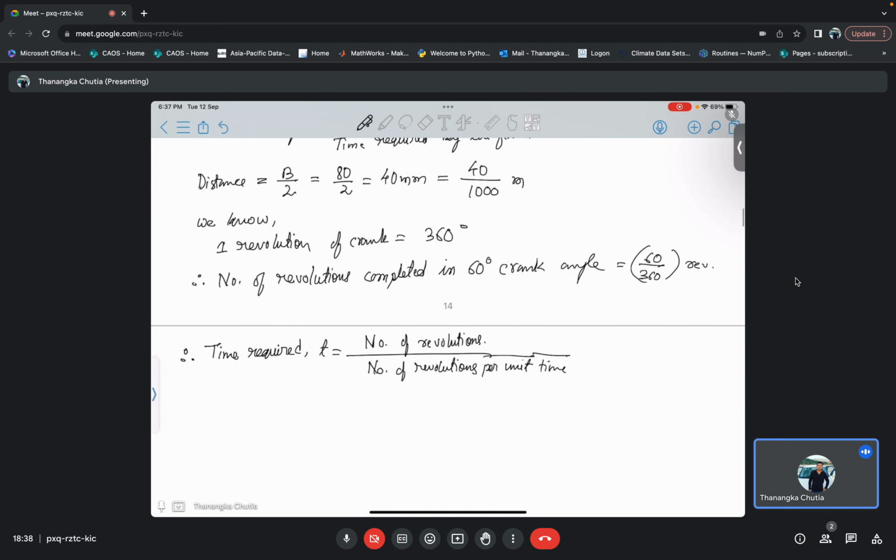So what is the number of revolutions? 60 by 360. And what is the RPM? 2500 divided by 60. So this will be revolutions and this will be revolutions per second. So this one is 60 by 360 into 60 by 2500 seconds.